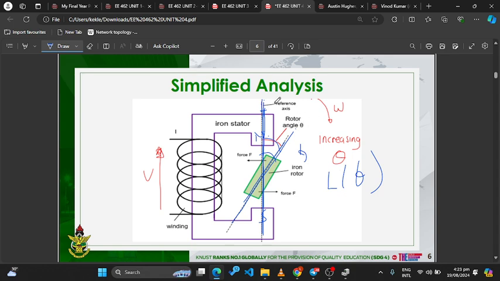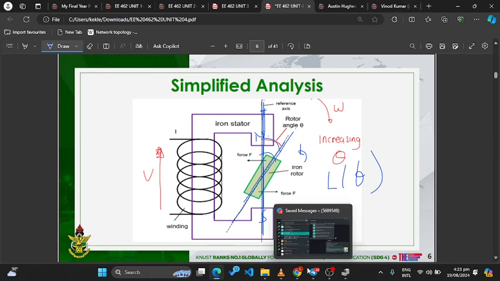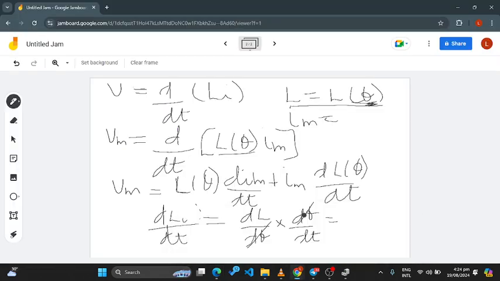If we find the change in inductance with respect to this angle, and multiply it by the rate at which this angle is changing with time, we can find the change in inductance with respect to time. That's all I've been trying to say all this while.